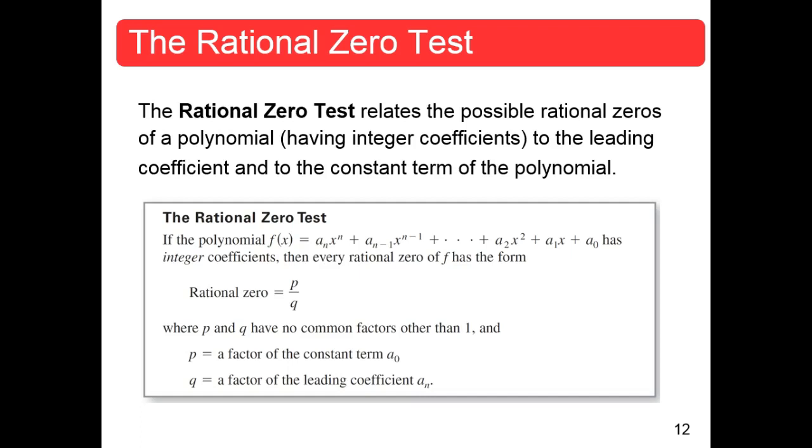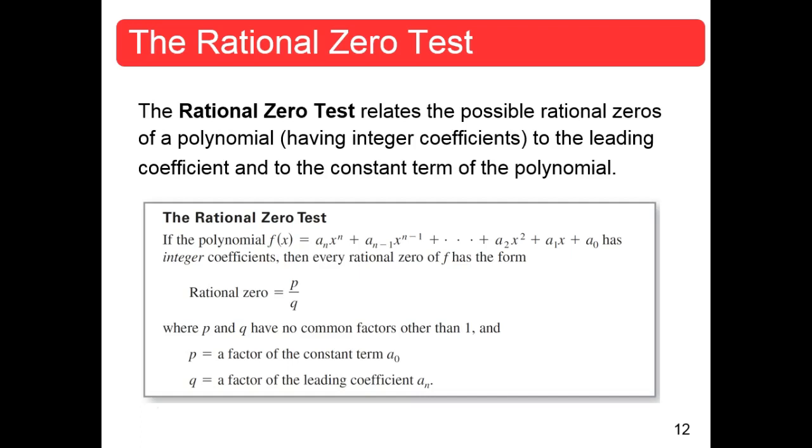Now, these polynomial functions we're dealing with now have to have integral coefficients. Okay? Now, they can be positive or negative, but they've got to be whole numbers. You can't have any with fractional coefficients. You can't have any with radical coefficients. You can't have any with complex coefficients. You have to have integral coefficients.